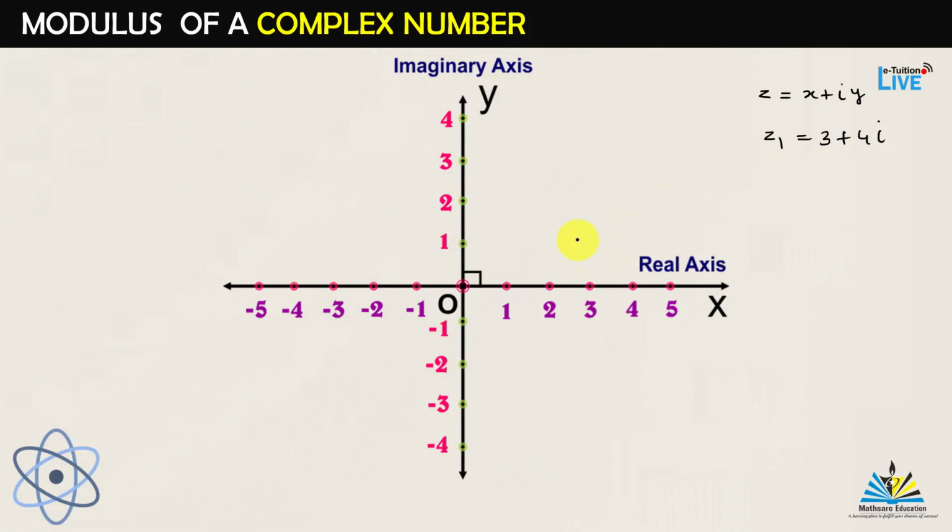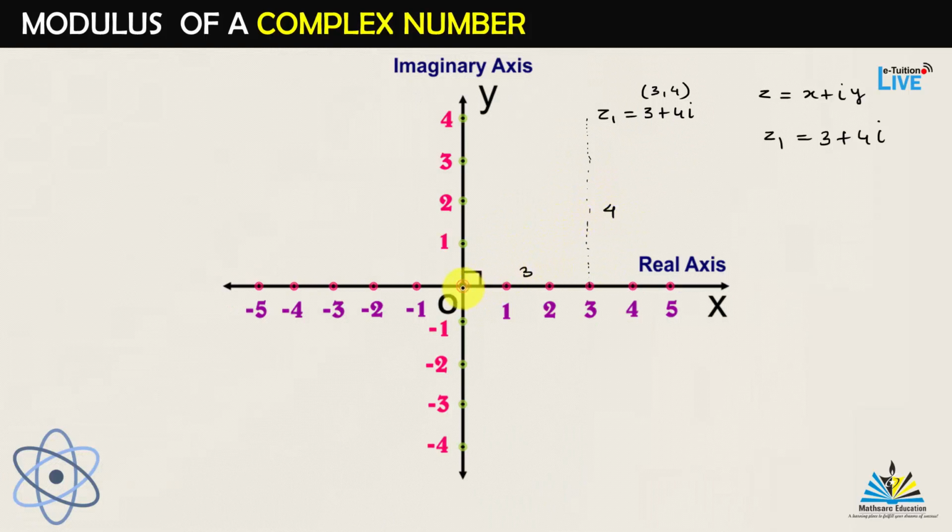If we represent z1, we will have 3 as a real number and 4 as an imaginary number. So z1 is at this place, that is 3 plus 4 iota, or ordered pair 3 comma 4. This length is 3 and this one is 4.